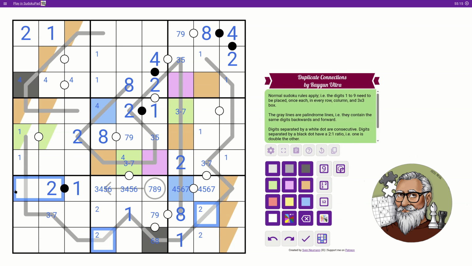So if it's not 2, it's this. Would that matter? I don't know.